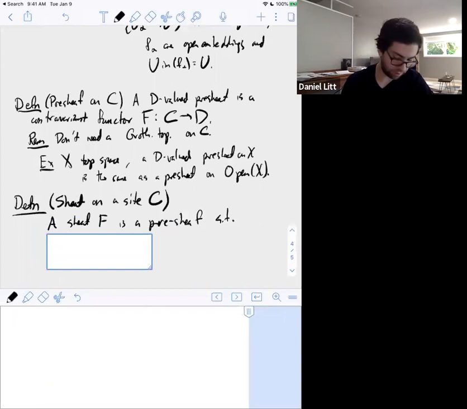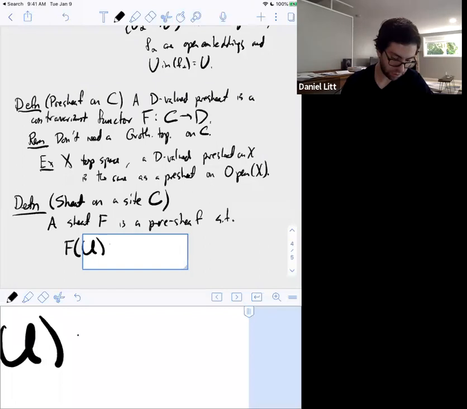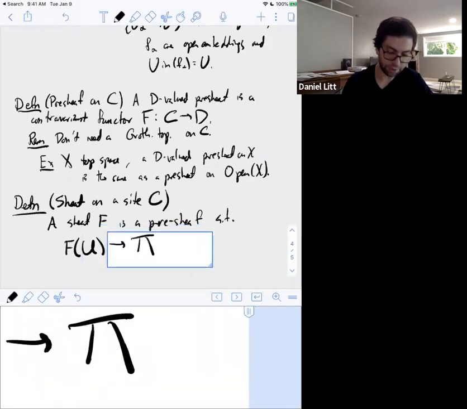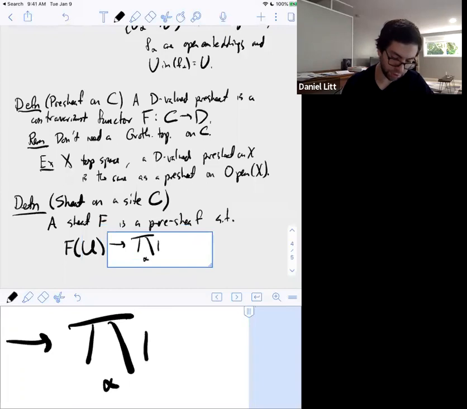F is a contravariant functor. So if we have a set of objects U alpha mapping to U, we get a map to the product over alpha of the values on U alpha.